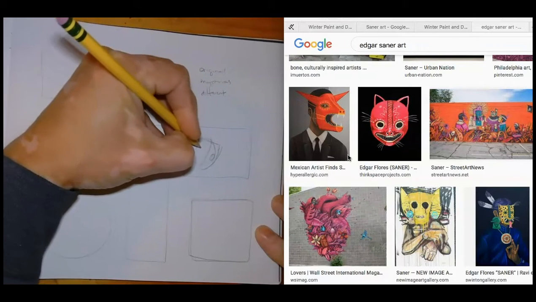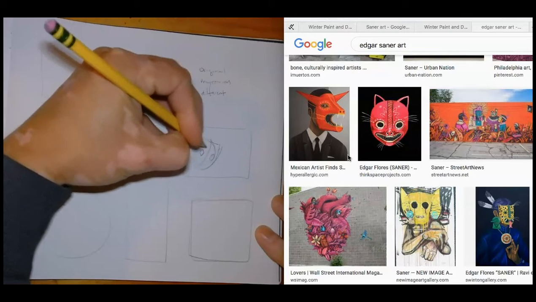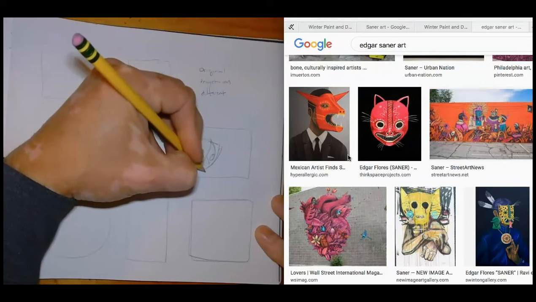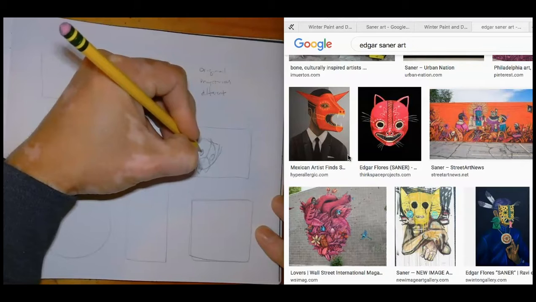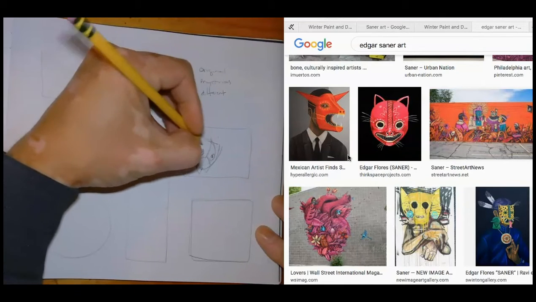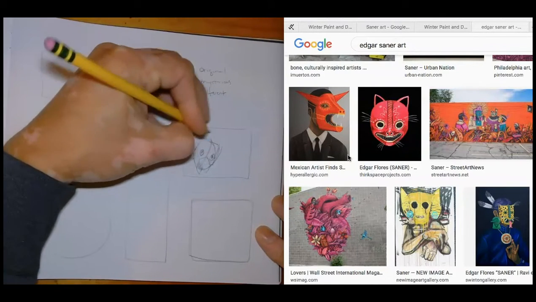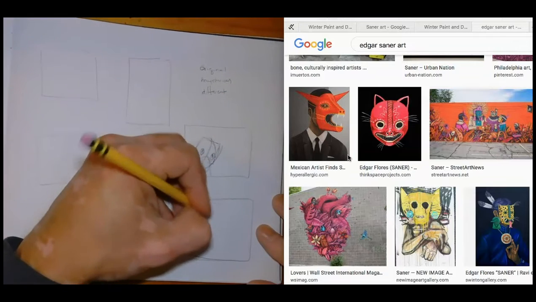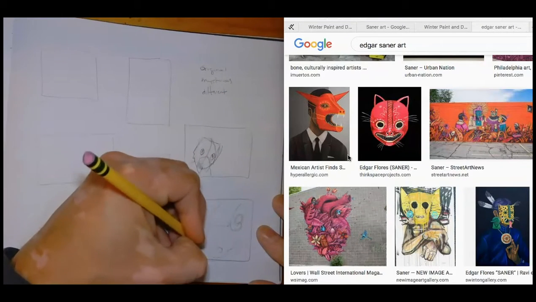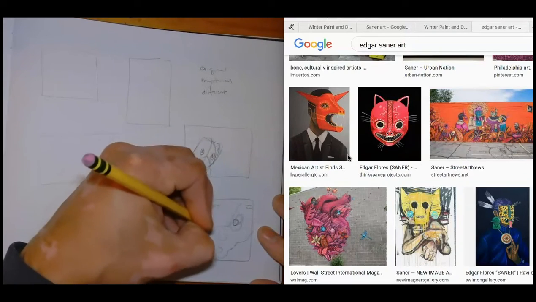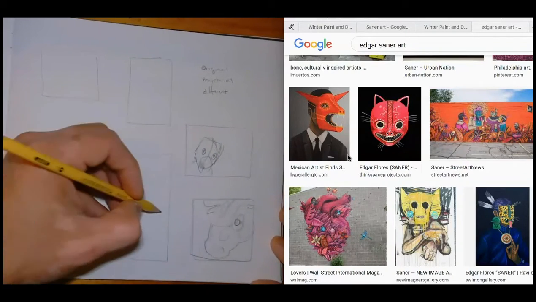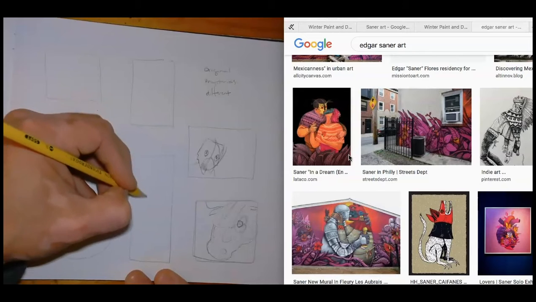So now what I do is I use Sanet's style with a little bit of my own to draw. I like Sanet's pieces on relationships.